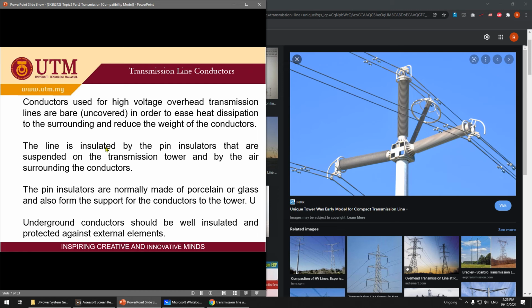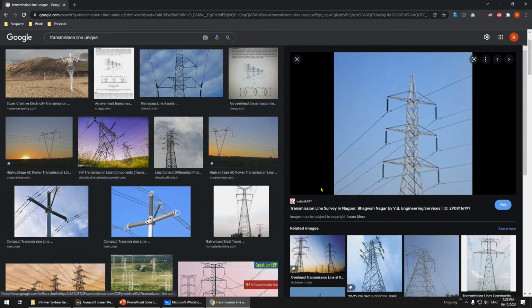The line is insulated by the pin insulators that are suspended in the transmission line tower and by the air surrounding the conductor. So maybe this one is easier. This is basically the insulator. This one cannot touch the tower. Tower is metal, and metal is earth.